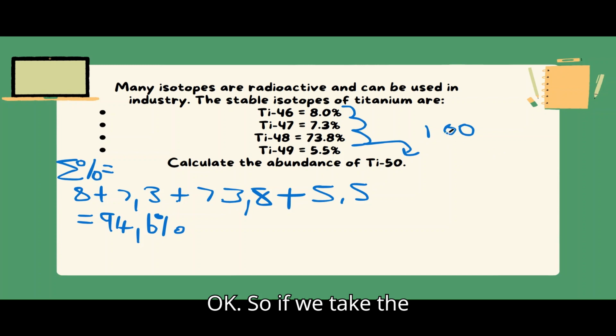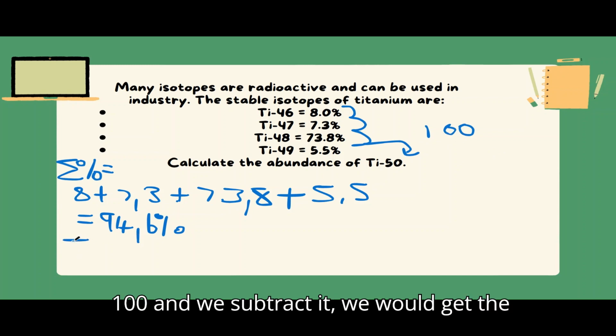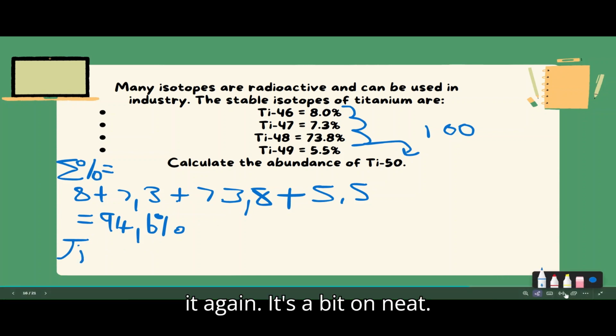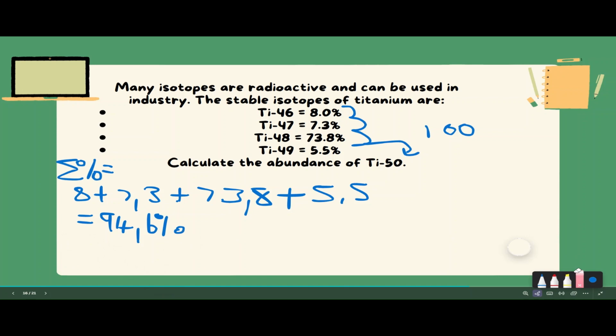Okay, so if we take the 100 and we subtract it, we would get the abundance of titanium 50. Oh, let me write it again. It's a bit unneat. Titanium 50.